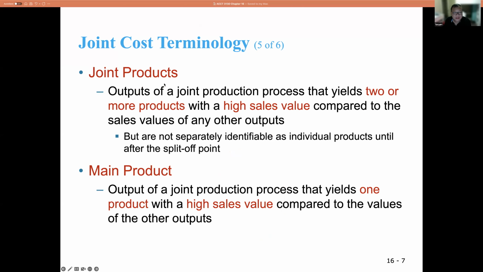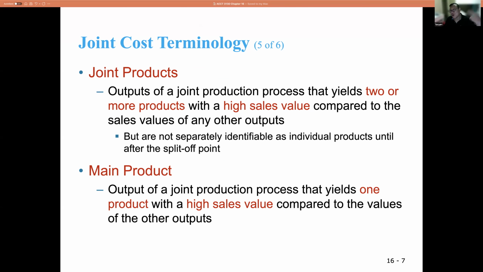Joint products. What is a joint product? Basically, the joint production process yields two or more products with a high sales value compared to the sales value of any other outputs. So at least two, right? When you talk about joint products, there have to be at least two relatively more significant output products.